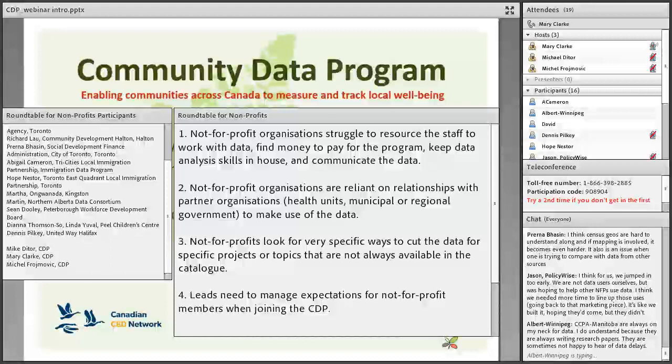So Albert is sharing that it's difficult because of data delays, and so for people who are constantly looking for data, the delay is a problem. And that is certainly about understanding expectations, right? For some people who are really familiar with the census cycles, you're not getting census data for at least a year sometimes after that census has been done.